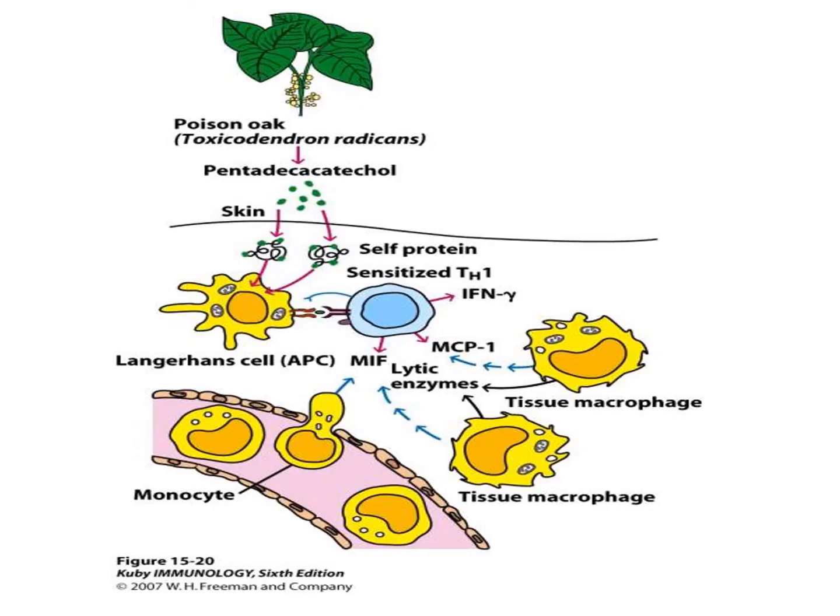When a person is exposed to certain plants, for example, poison oak, poison ivy, or poison sumac, so they release a certain chemical. In the case of poison oak, it's pentadecacatechol. So this substance can pass through the skin and can be detected by the macrophages of the skin, the Langerhans cells.